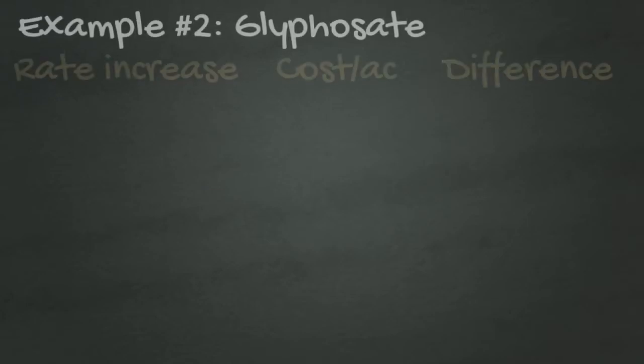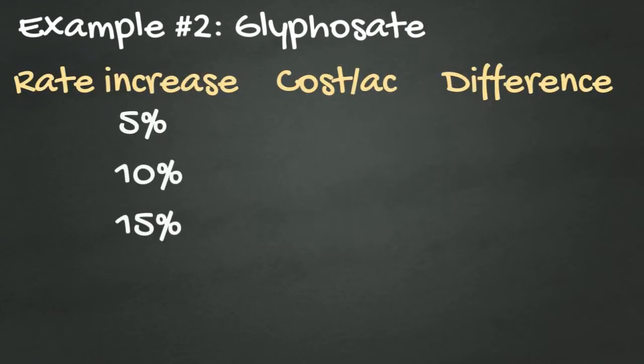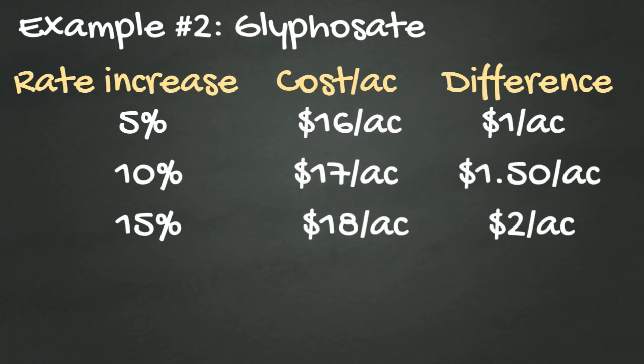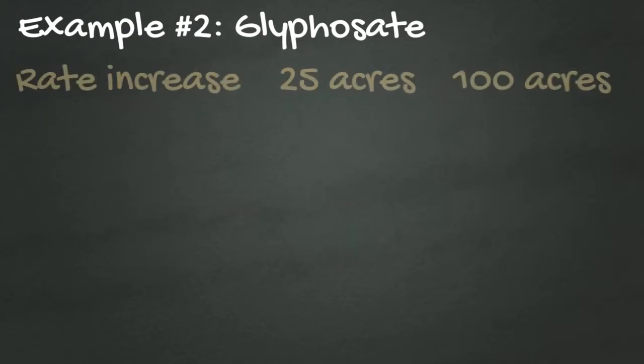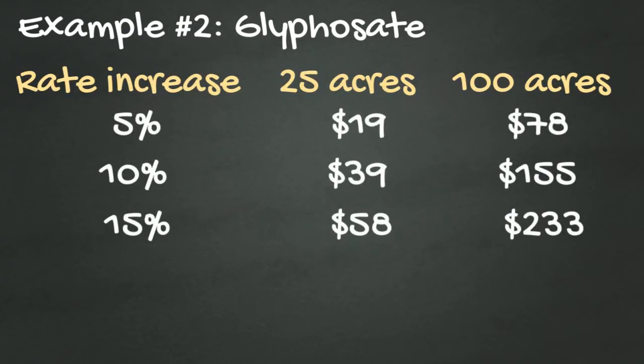Over-applying the glyphosate would increase application cost to roughly $16 to $18 per acre, a difference of approximately $1 to $2 per acre. Again, this may seem minimal, but if we scale this difference up to 25 or 100 acres, you could really see the impact that this would make on a renovation budget.